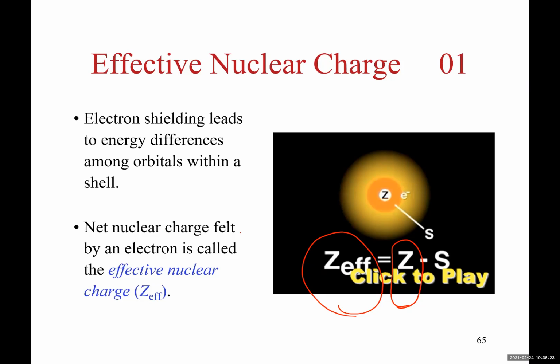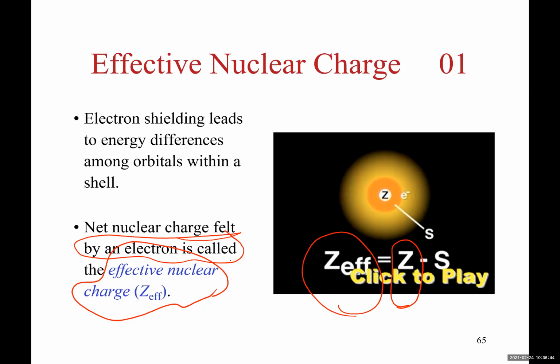So the nuclear charge felt by an electron depends on the shielding effect of inner electrons. What they feel, we call that effective nuclear charge.